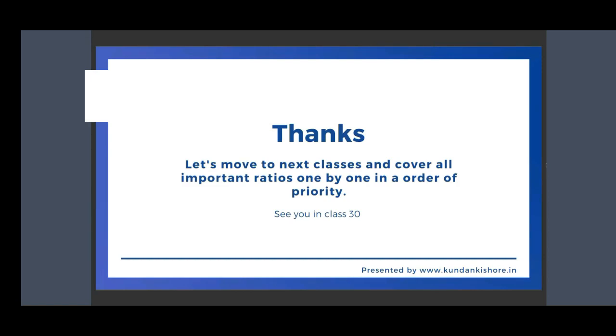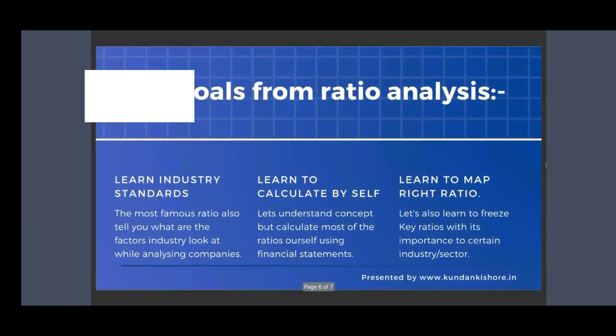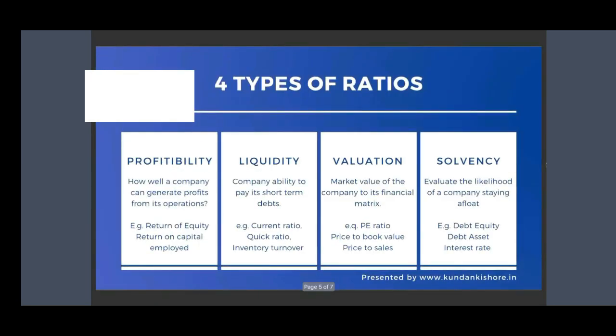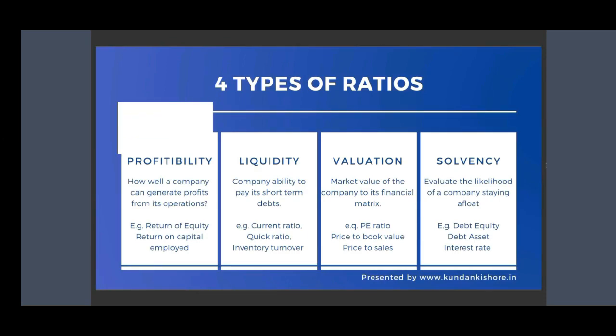I'll keep that order of priority in consideration in class 30, where we will learn about all these 4 different categories of ratios. What I really don't want is for you to be confused about why I have written these 4 types of ratios, when you have gone ahead and searched different literature which talks about only 3, or 5, or 6 different types of ratios.